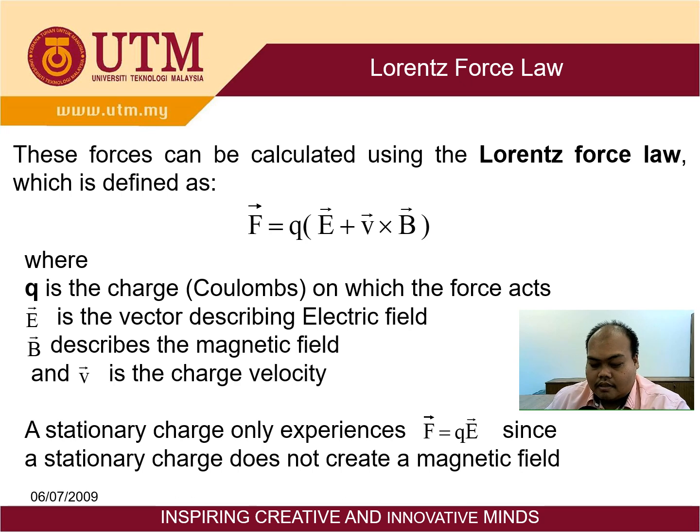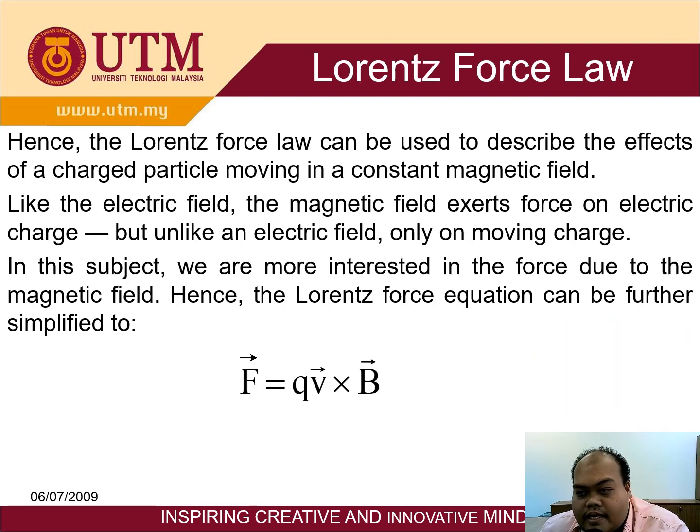I have explained this before: if the charge doesn't move, the force acting on the charge is only caused by the electrical field. But if the charge is moving, the electrical field and the magnetic field will both produce force on the charge. So you have to differentiate between these two.